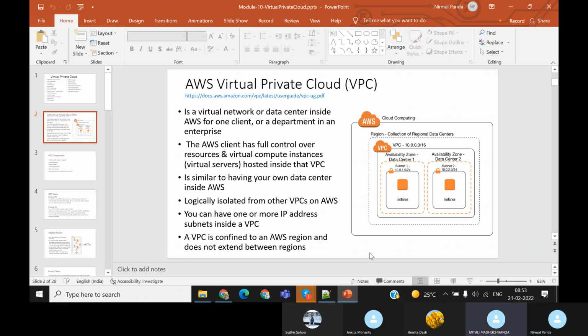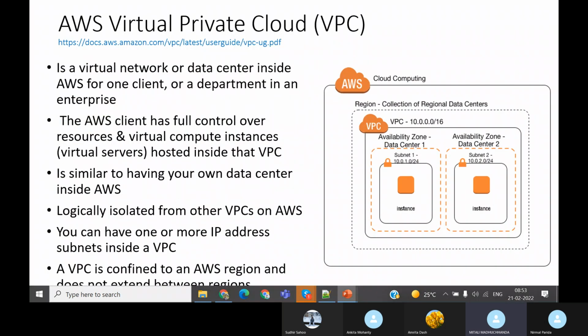Okay. And what do you mean by you can have one or more IP address subnets inside a VPC? Yes, actually a VPC is providing you the IP address. Suppose you are using your instance or some laptop, and you are connecting to another device, maybe in another region.